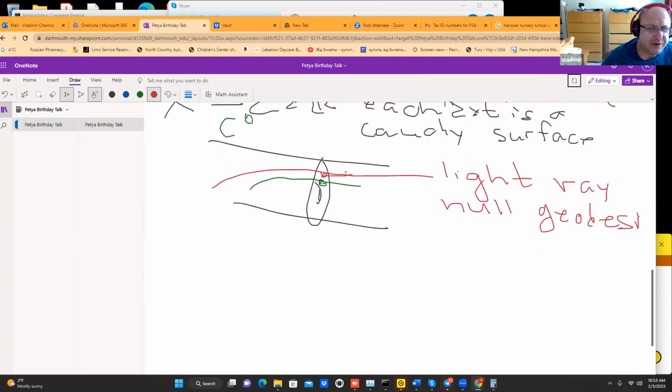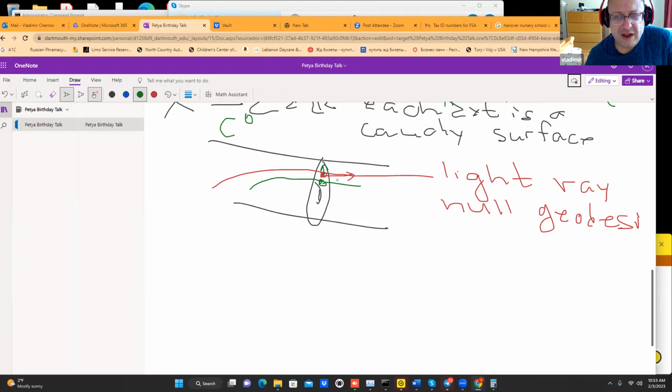Because a light ray is movement with the speed equal to the speed of light, and every non-space-like curve, so movement with the speed less or equal than the speed of light, intersects the Cauchy surface at exactly one point. The velocity vector is not tangent to the Cauchy surface, but what I can do is orthogonally project the velocity vector to the Cauchy surface. So I will get a non-zero vector. You can spend a little bit of time, you will see that the projection is indeed non-zero.